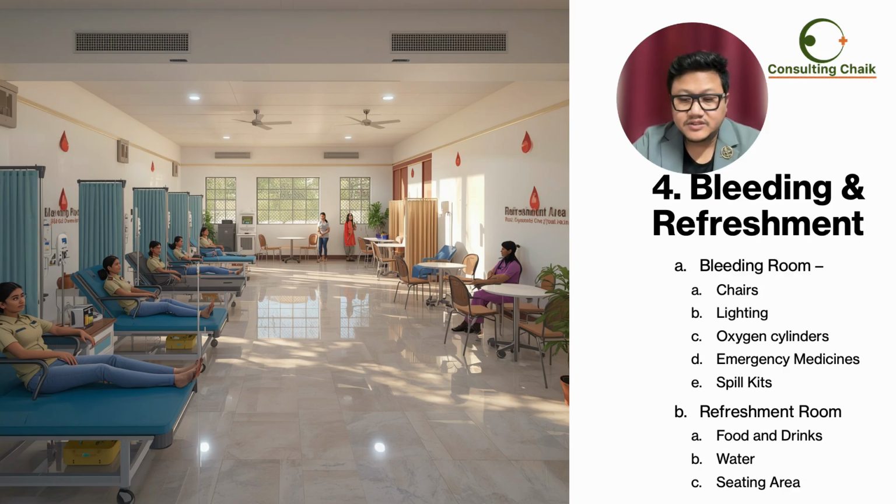And then you need to have a spill kit. For a blood spill, you have to have a proper process to mitigate the spill incident. People who are working in the bleeding and refreshment room should be able to answer how to manage a spill.